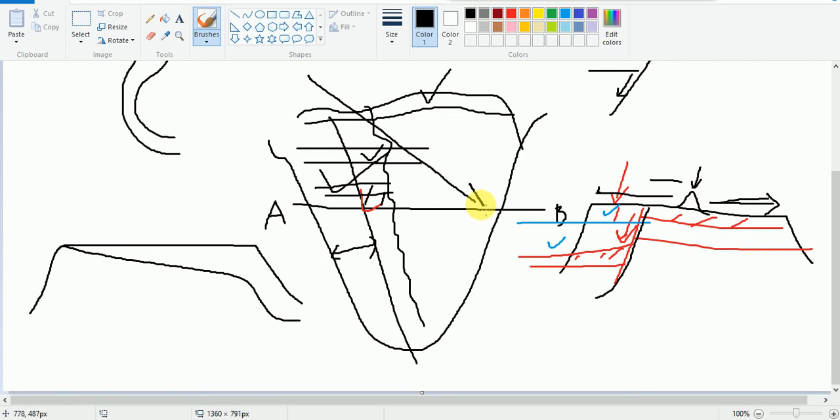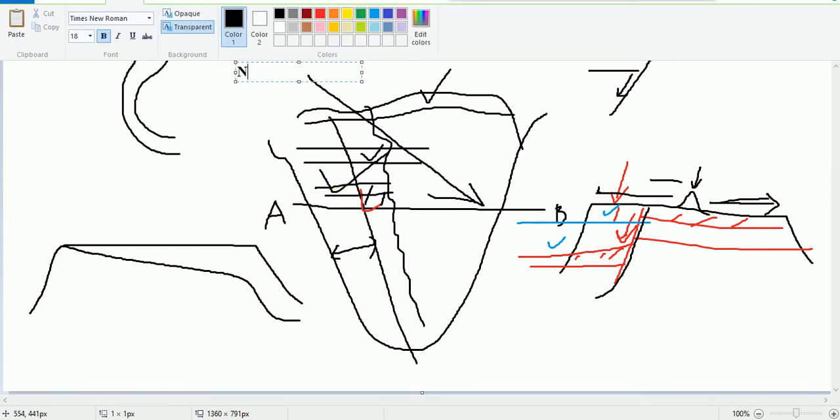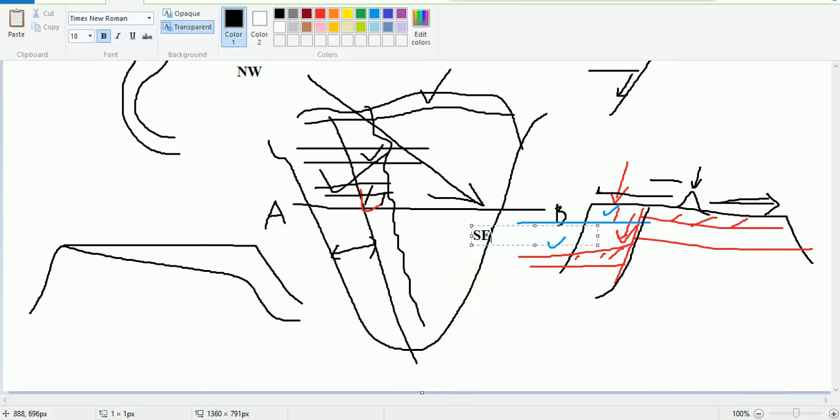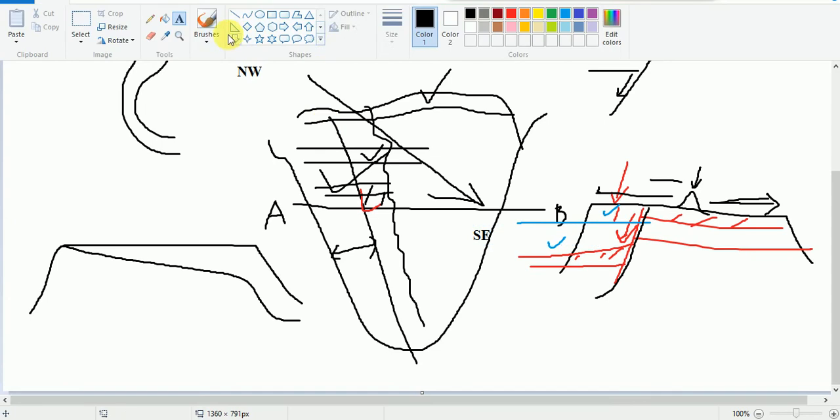The tilting was from the northwest towards the southeast, in this direction, as you see here.